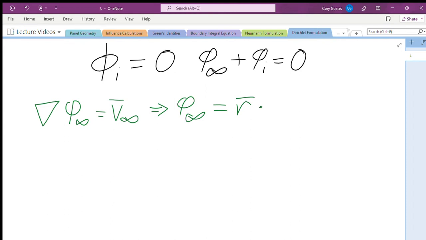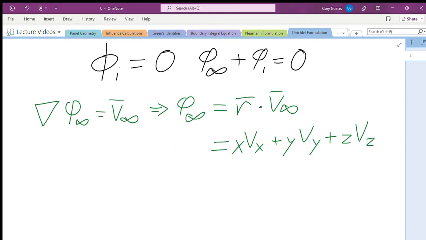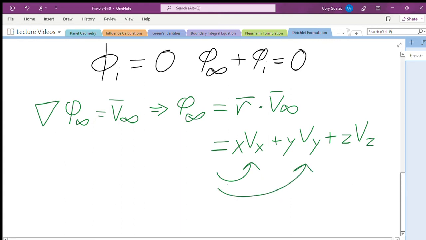Okay, and so if we write that out with its components, then that's x times vx plus y times vy plus z times vz. And if you take the gradient of that, well, taking the derivative with respect to x will only extract this term, and it'll be vx. Taking the derivative with respect to y will only extract that term, it'll be vy. And taking the derivative with respect to z, it'll extract that term, it'll be vz.